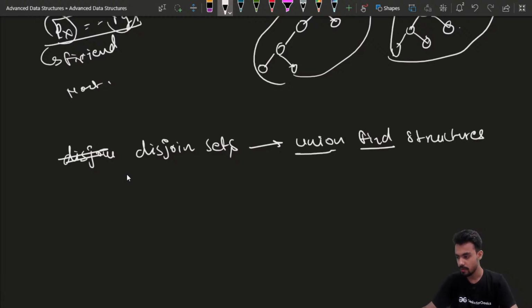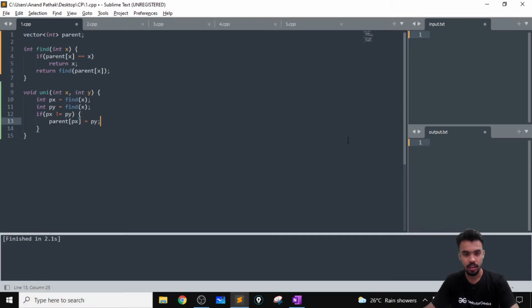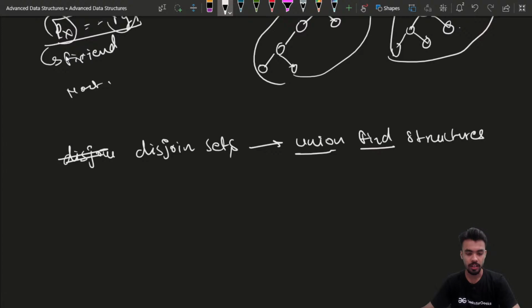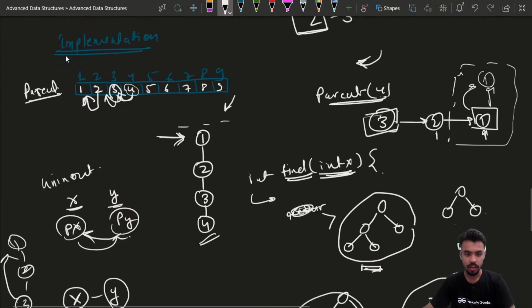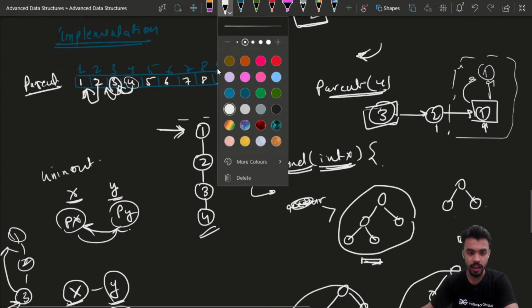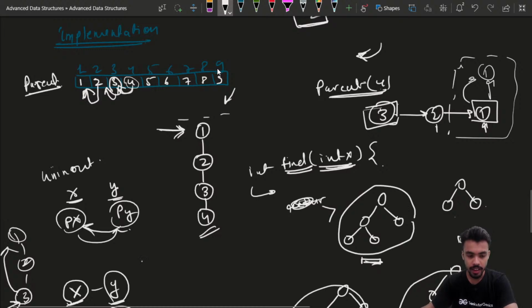Can you explain the find function again? Okay, so find is finding the parent of x. How are we finding the parent of x? If you look at this structure, suppose we are getting some queries like 1 to 2, 2 to 3, 3 to 4, and so on. So you are making 1 a parent of 2, and this edge you have connected.